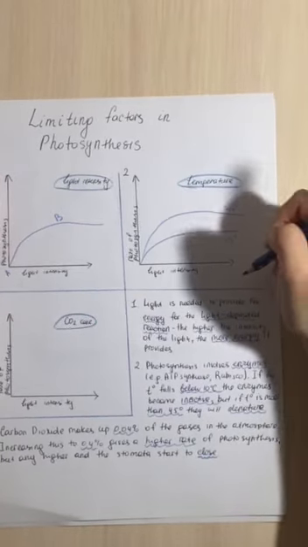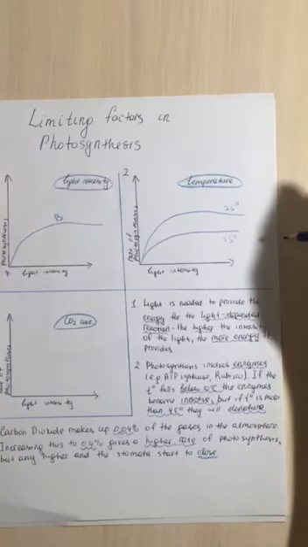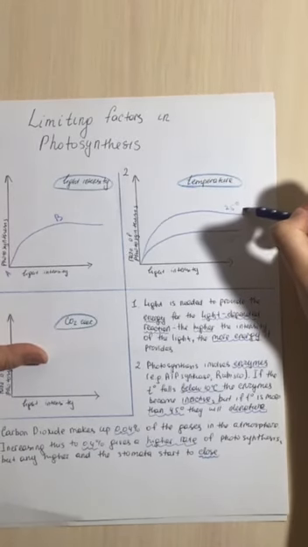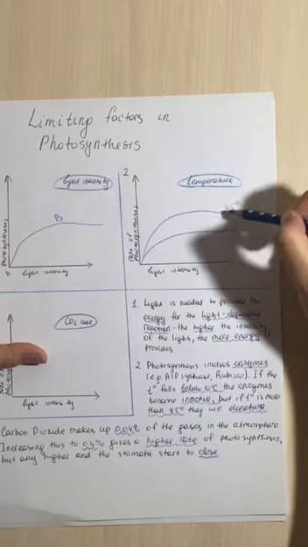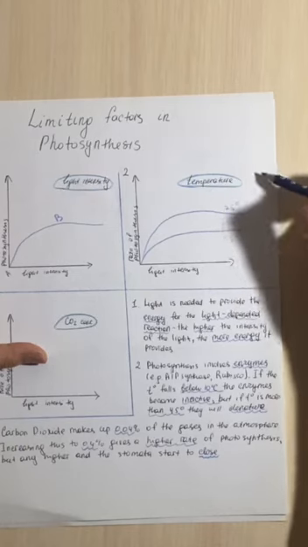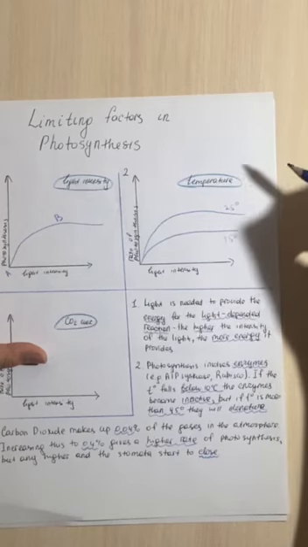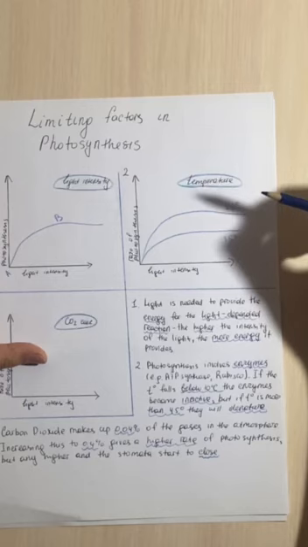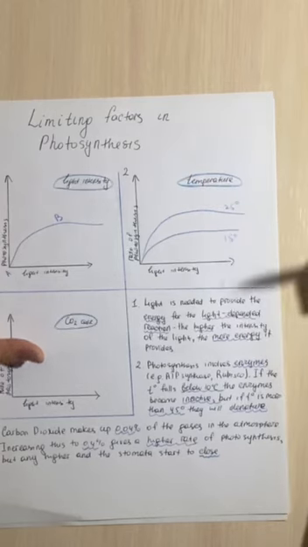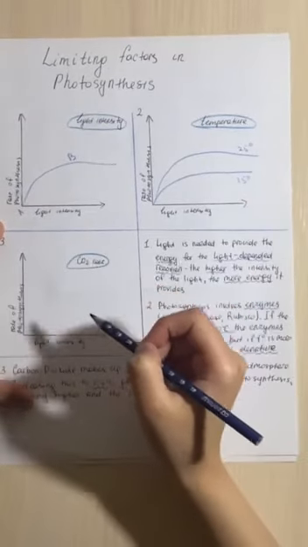Both of these graphs level off when light intensity is no longer the limiting factor, and the graph at 25 Celsius levels off at a higher point than the one at 15 degrees, showing that temperature must have been the limiting factor at 15 degrees.